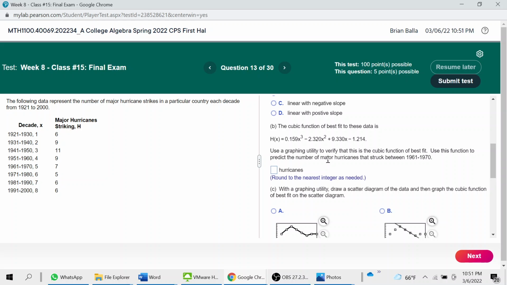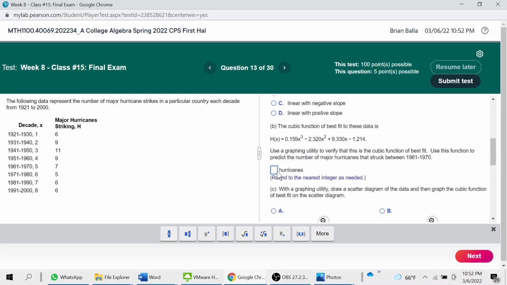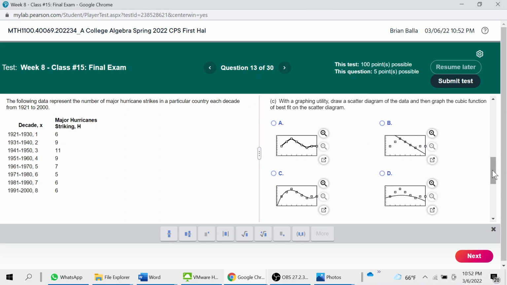Set the window to 0 to 10, scale of 1 for x, 0 to 15, scale of 1 for y, and type it in. Yes, this is definitely cubic. x for 5, nearest integer is 7.311. Round down to 7.